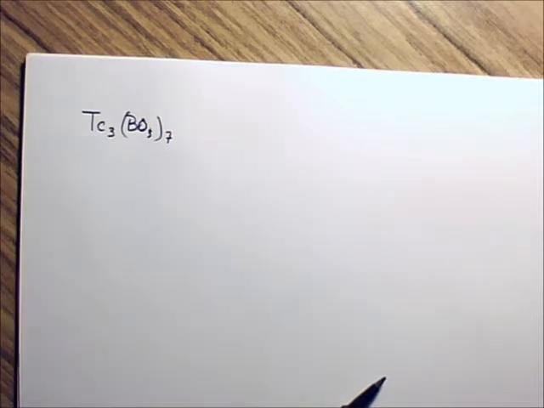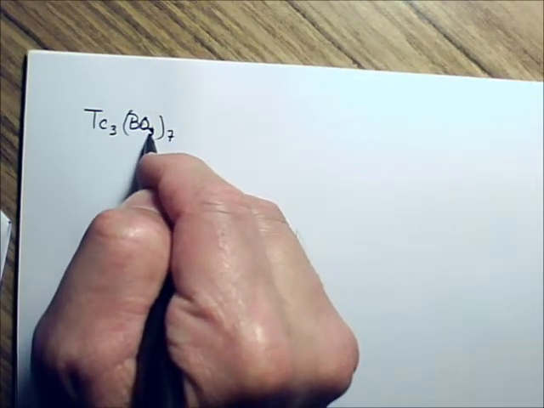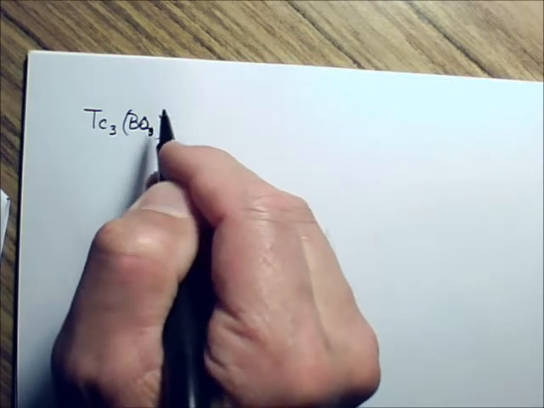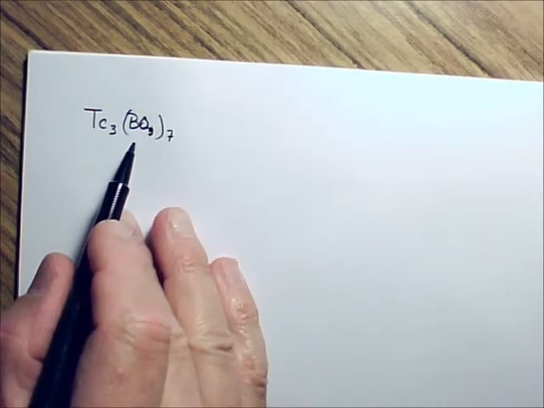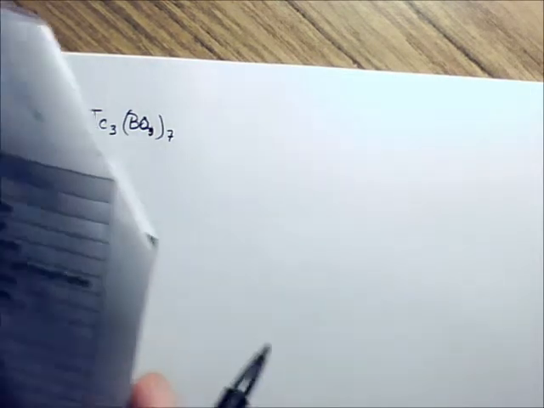All right. So we have more than 2 elements here. So what am I going to look for when I'm naming this? A polyatomic ion. Okay. That's not a polyatomic ion? It's not on the list. It's 4A.